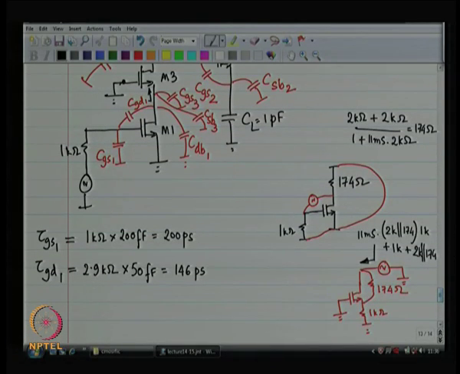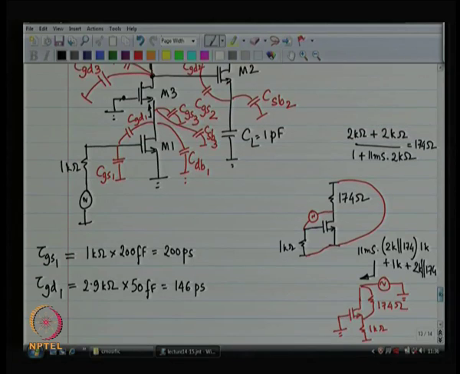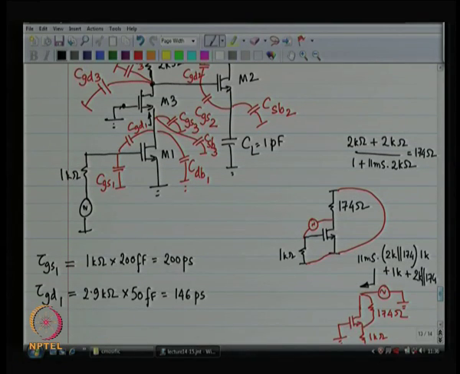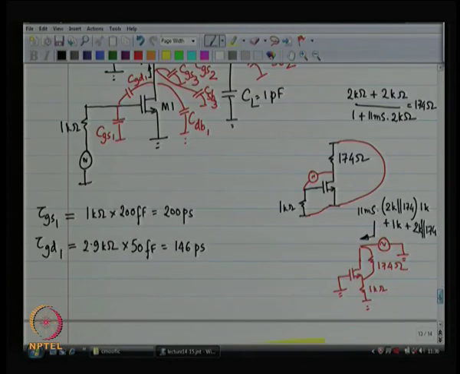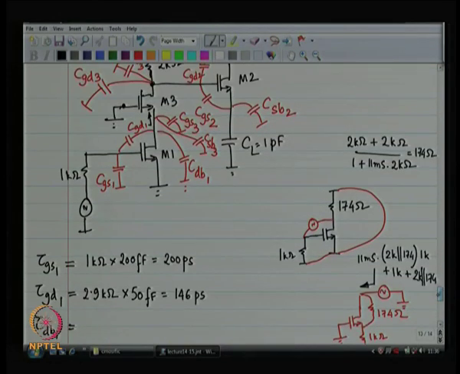All right. Now the next one is CDB1. So CDB1, what do you see? You see 174 ohms looking upwards, you see 2 kilo ohms looking downwards.